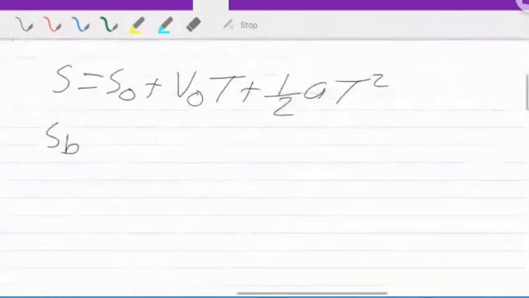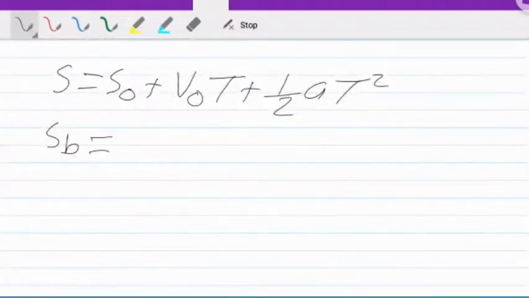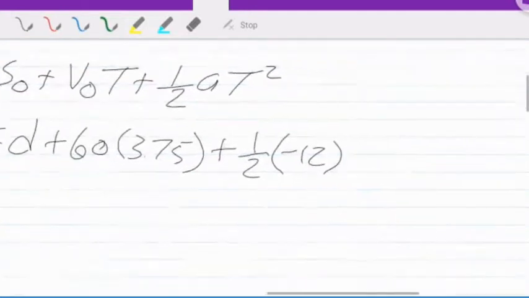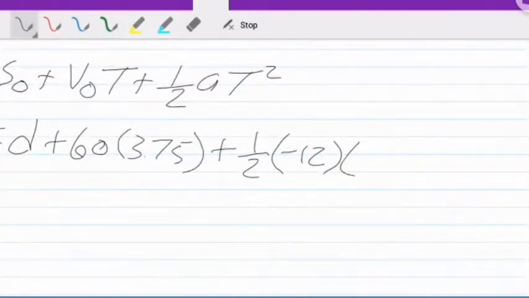So his initial displacement is d plus 60 times 3.75, and we're going to add 1/2 times minus 12 times 3.75 squared.